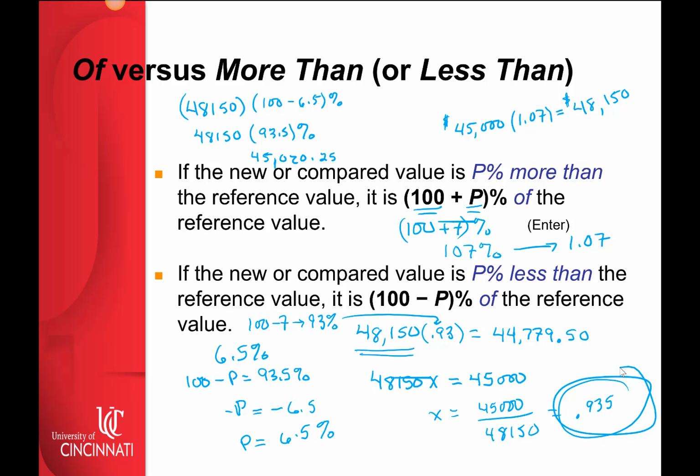It was really 0.9347 something or other. 457? Okay, thank you. She's on it. And we rounded it to a slightly bigger number, didn't we? Which is where this extra $20 comes from, by rounding it up slightly. If we would have rounded it down slightly, I would have been making a little less than 45,000, wouldn't I?